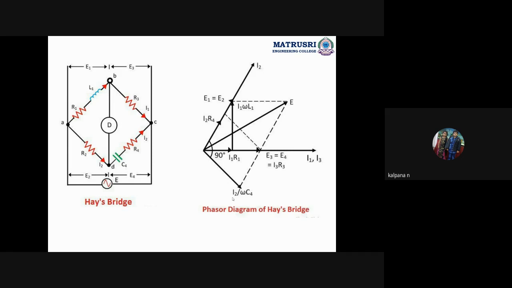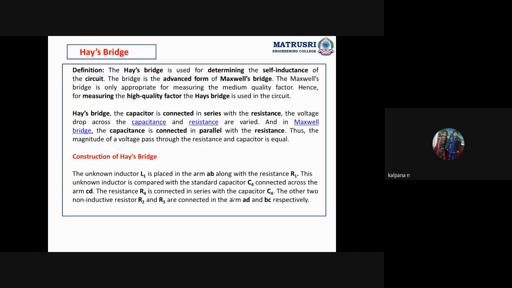In the earlier case, we chose a variable capacitor. Due to this variable capacitor, one disadvantage of the Maxwell inductance capacitance bridge is its increased cost.